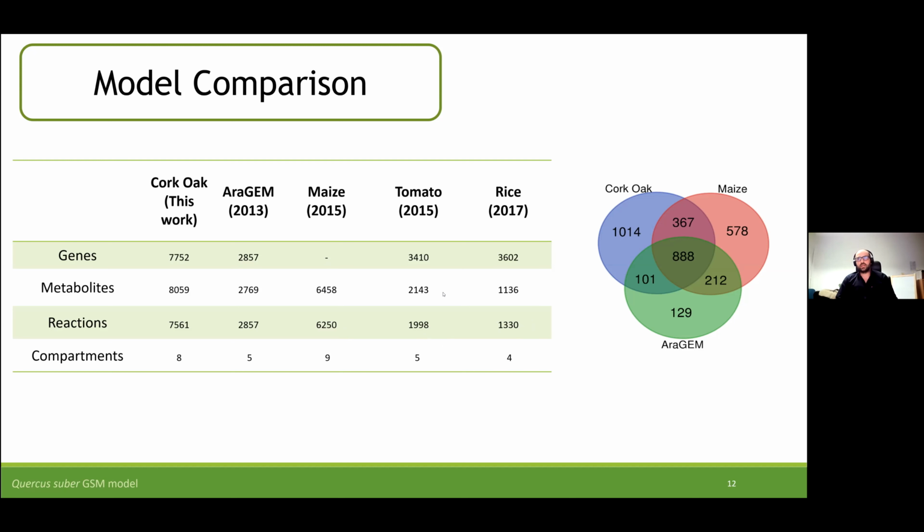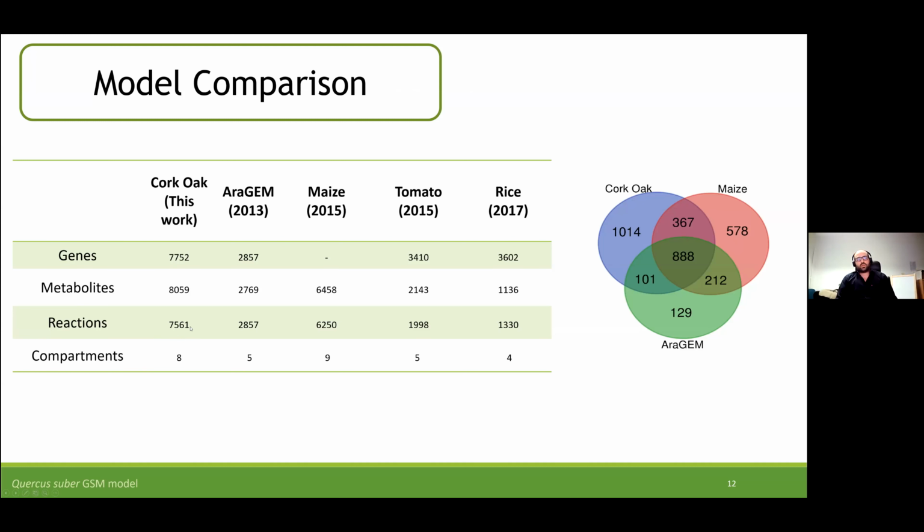On the right, you can see, hopefully, a small Venn diagram in which we compared our model with the maize model and the Arabidopsis model. You can see here that if you sum up all the reactions that compose, for instance, the Cork Oak model, you won't get the 7,500 reactions that you have on the table.